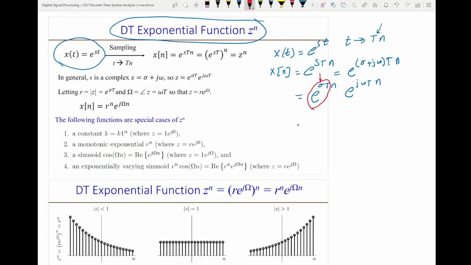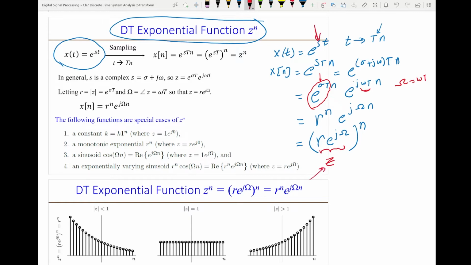So we call this r to the n. Now this omega T is the digital omega, so I can rewrite it as e to the j omega n. And I can write this as r e to the j omega, to the power of n, and we will call this variable z. It's equivalent to the variable s in the Laplace domain.